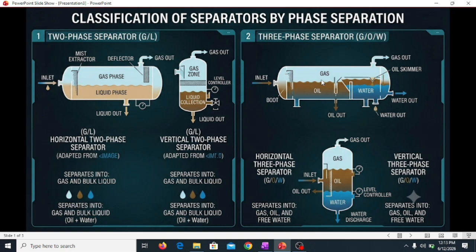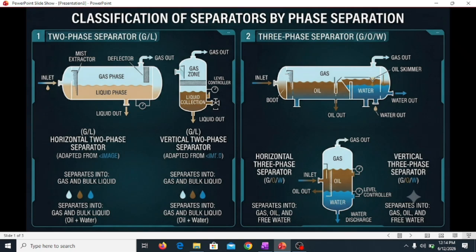So in the industry, when you see a horizontal separator, you know this is a three-phase separator. Mostly that is what they use. It separates gas, oil and water. If the amount of water in the feed is considerable or high, then you are going to have a three-phase separator.